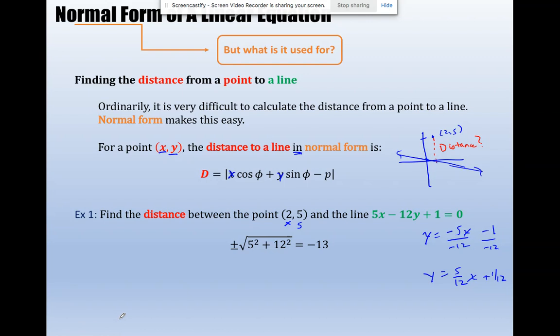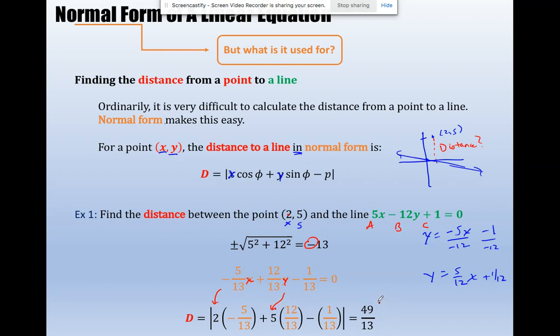Get your equation into standard form. See, I chose the negative. So negative 5 over 13 x, 12 over 13 y, and minus 1 over 13. The distance is, there's my x times negative 5 over 13. There's my y, 5. There's my distance.